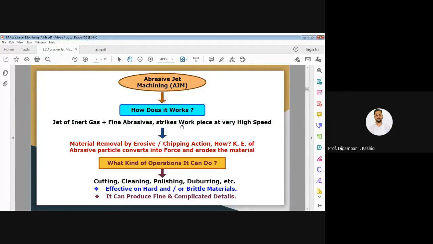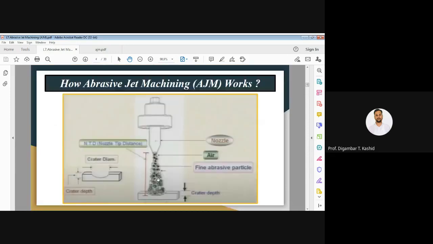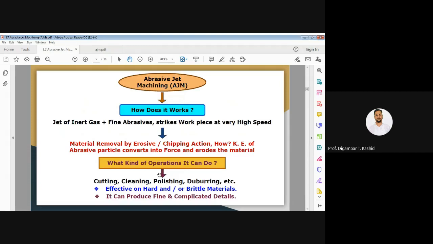So let us see this abrasive jet, which consists of inert gas in place of air. You can use inert gas and fine abrasive particles in that nozzle. Then the jet, at a very high velocity, hits the workpiece surface. Since an abrasive particle has a certain mass m and velocity v, it has kinetic energy of one half m v square.